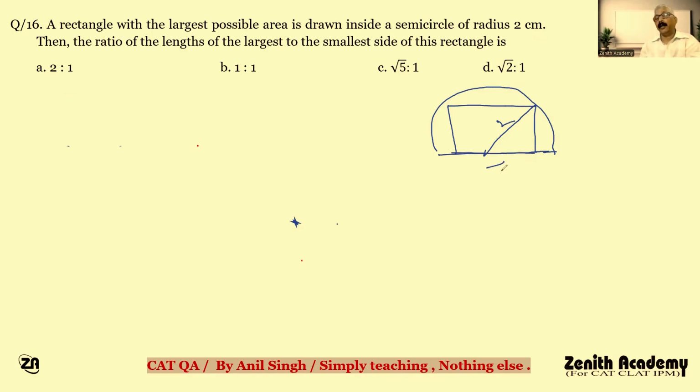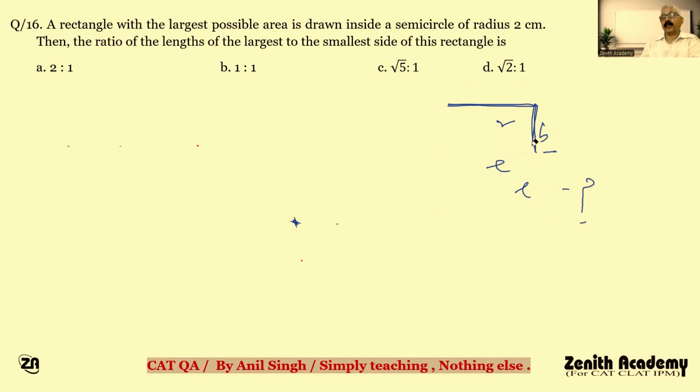If the length is L and the breadth of the rectangle is B, and this is the largest possible rectangle drawn inside this semicircle, then find the ratio between L and B.